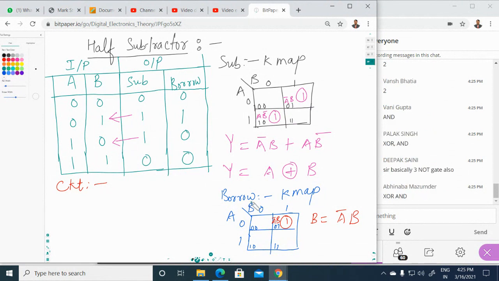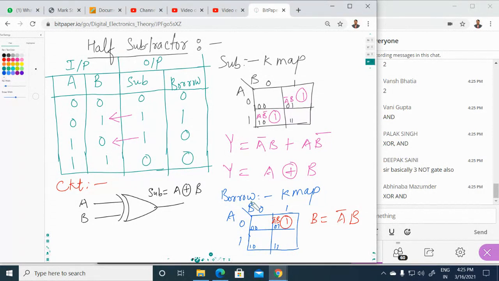So what are the inputs? We have two inputs. One input is A and the second input is B. These two inputs should be connected to the XOR gate. You have to use the same XOR gate. So this subtraction part is equal to A XOR B. This is your first part.